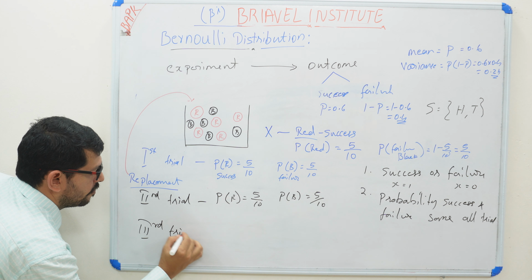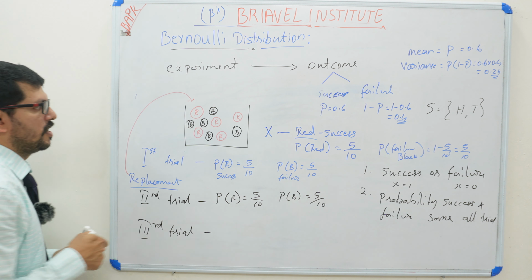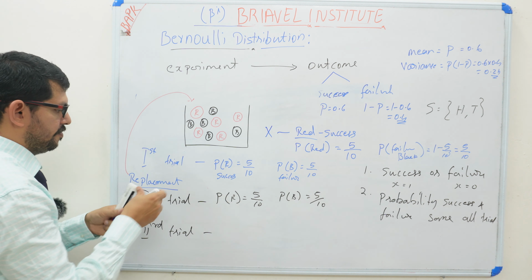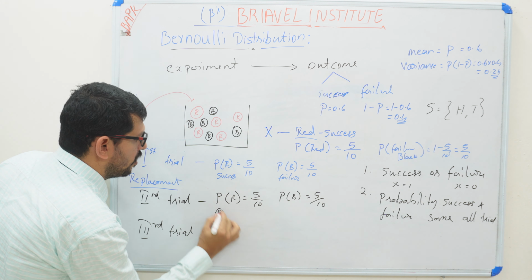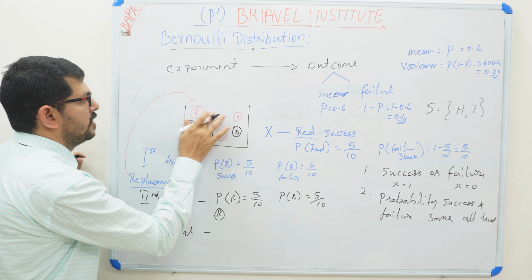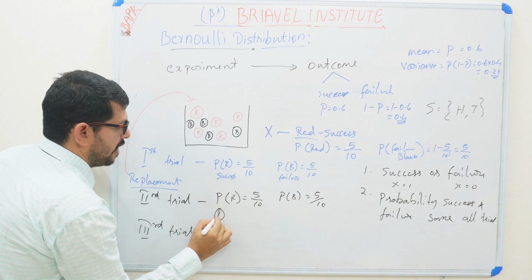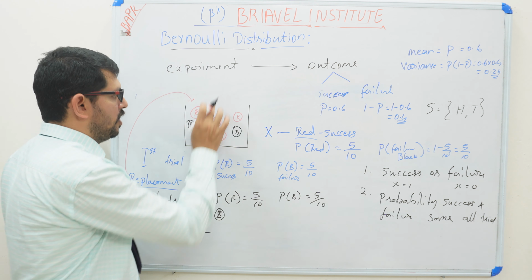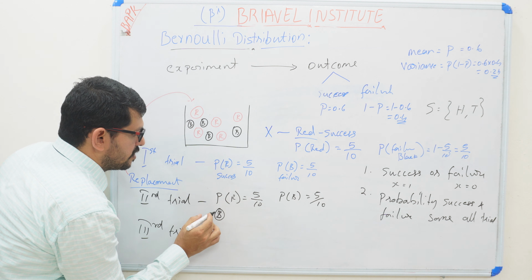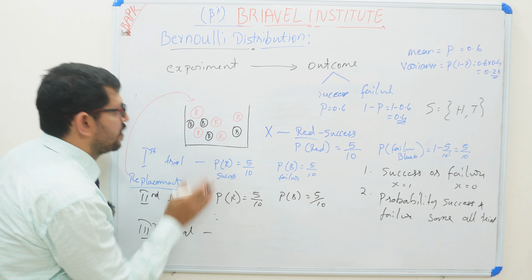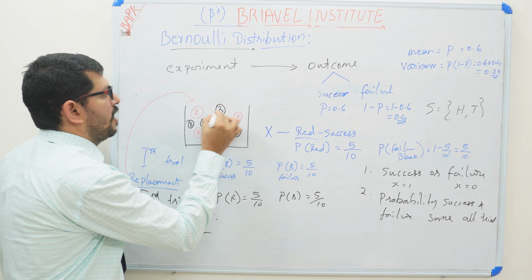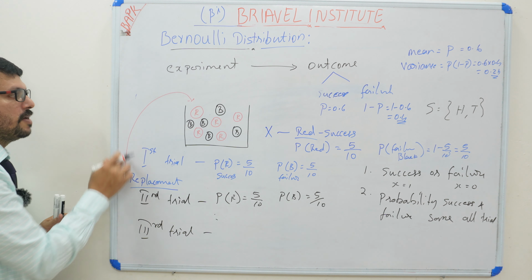In the third trial, what happened? In the second trial I got the black ball, and I kept this ball again here, because of the replacement option.